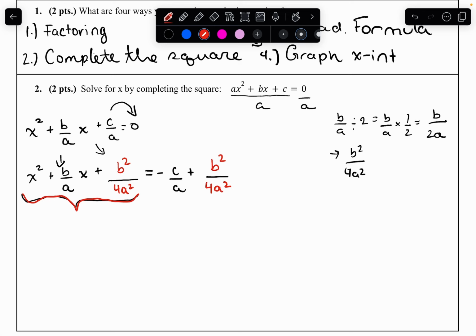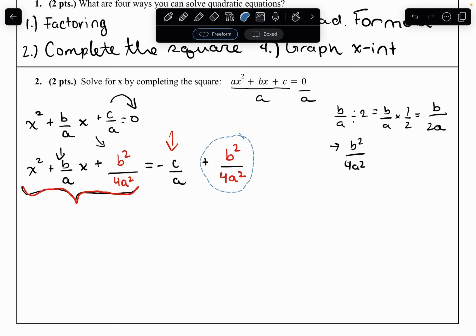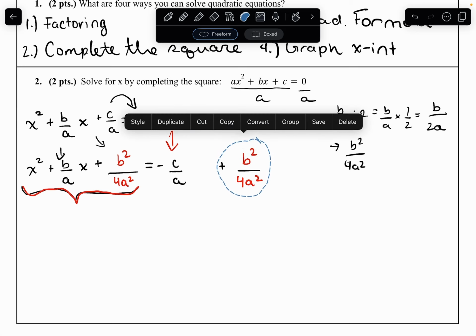Cool. Notice that these are not like terms. So we have to make them be like terms by multiplying that first fraction by, hold on, let's see if I can drag things out. Yes, cool.